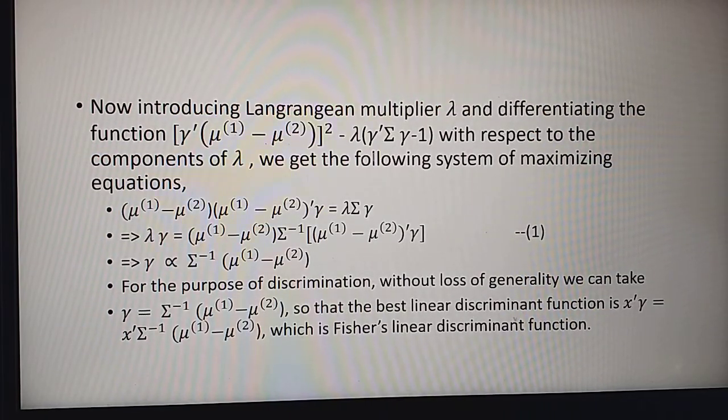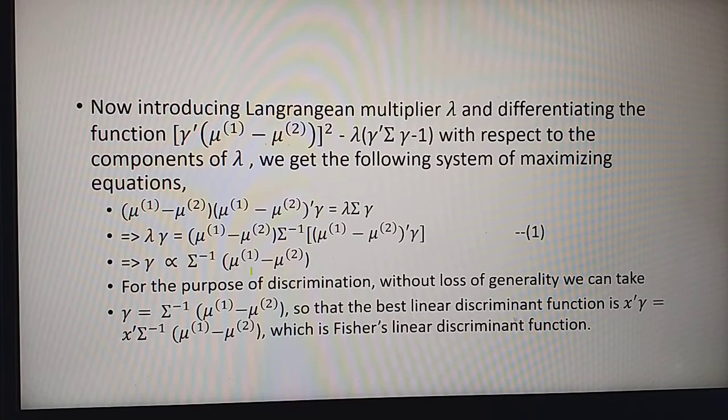So this is our normal procedure for maximization. Now introducing Lagrangian multiplier lambda and differentiating the function, this is the between variance, and lambda is the Lagrangian multiplier, and this is the condition, the within variance minus 1, with respect to the components of gamma. We get the following system of maximizing equations. So this is our differential procedure for maximization.